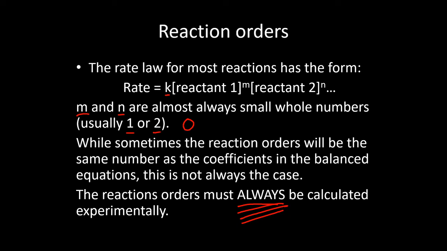You cannot look at a balanced chemical equation and get the reaction order. It's not possible. You might get lucky every once in a while and just happen to guess, since there are so few options. Like I said, the vast majority of reactions are either 1, 2, or maybe 0. So there's really only 3 common options there.